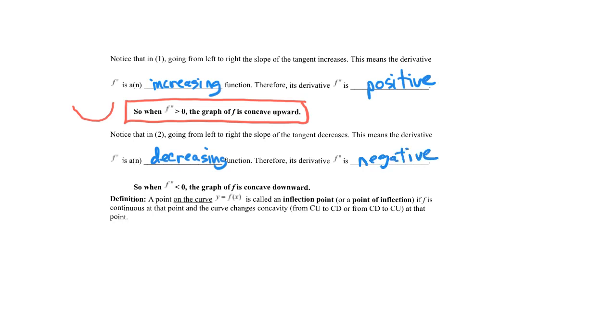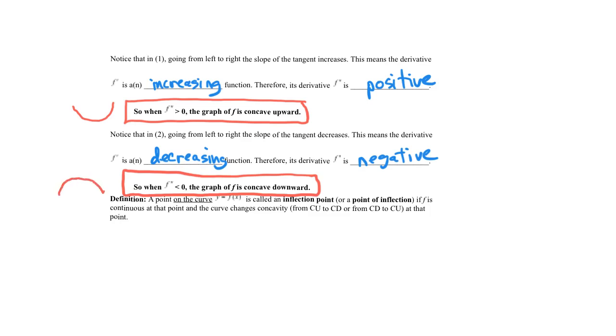So when f double prime of x is less than 0, the graph is concave downward. Easy way to remember this: negative. Second derivative is negative. When you're feeling negative, like at the end of Calc 1, class is coming to an end, everybody feels a little bit sad.